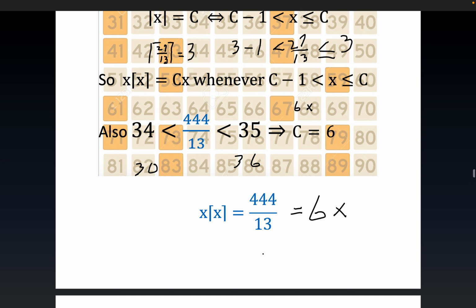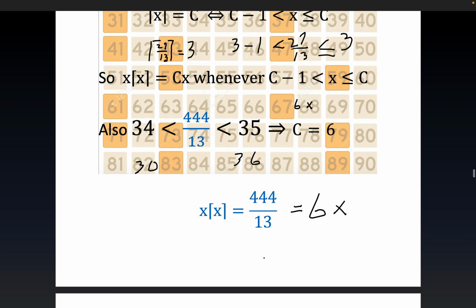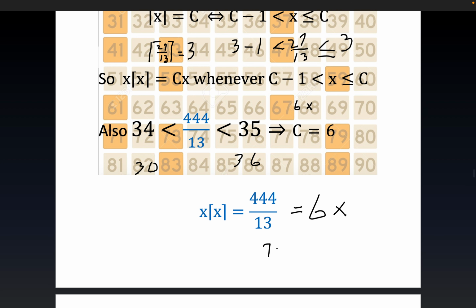Is it 74? Yeah. So you would get 74. 6 times 74 is 444, right? Yeah. 420 plus 44. So this would be 74 over 13 equals 6, and equals x, duh. All right.